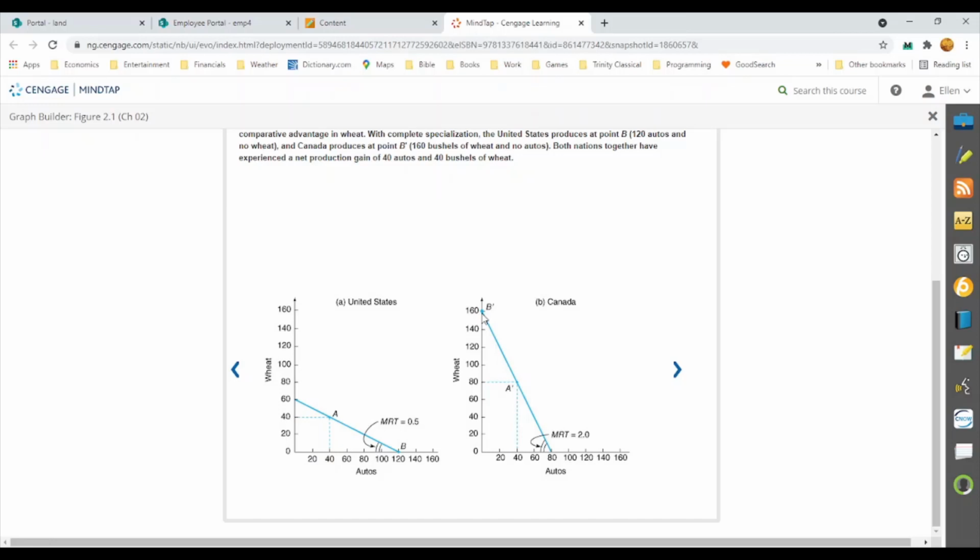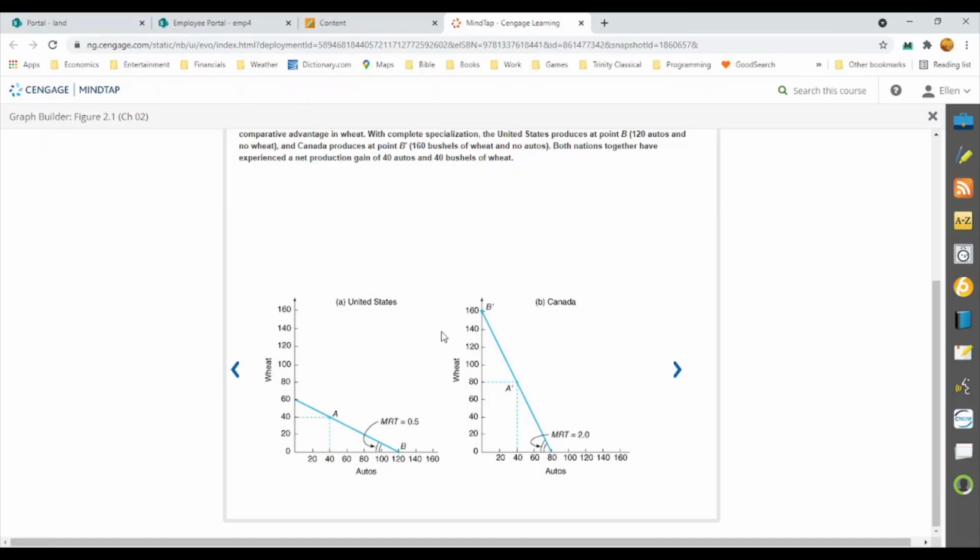So all of this meant, when we learned about this previously, is that you should specialize in the good that you have the lowest opportunity cost. You're losing the least when you make that good, when the US makes automobiles, and Canada loses the least when they specialize in wheat, and that will allow total output to be higher.